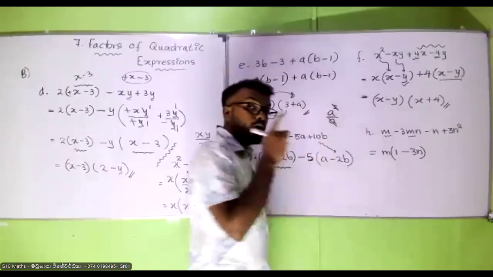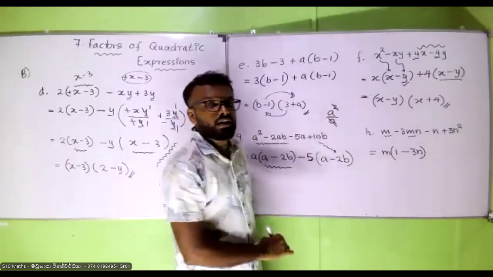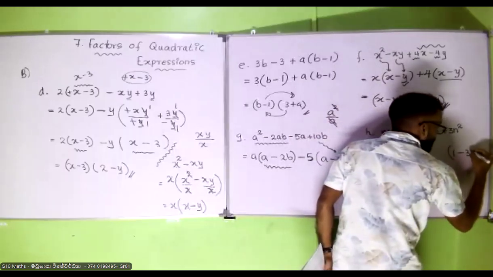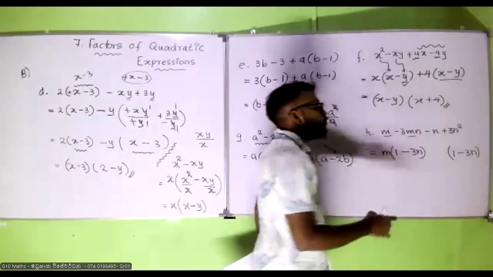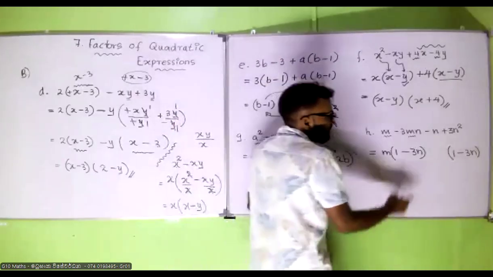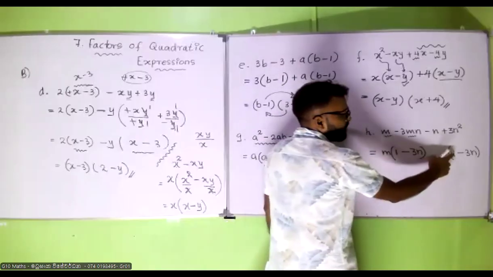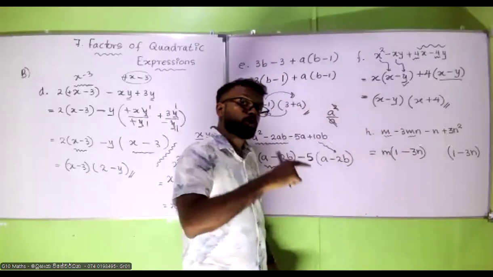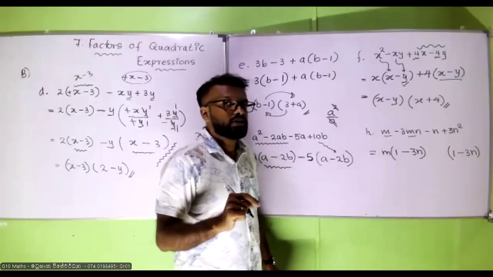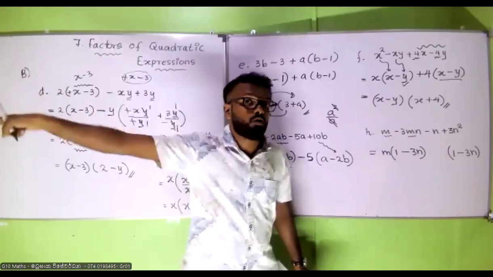Now I am going to make 1 minus 3n there. How am I going to prepare 1 minus 3n? Very easy. Minus n should be converted into positive 1. Sign change has been done. If I want to change the sign, I need to take the minus sign out.